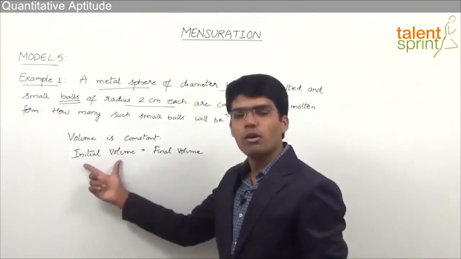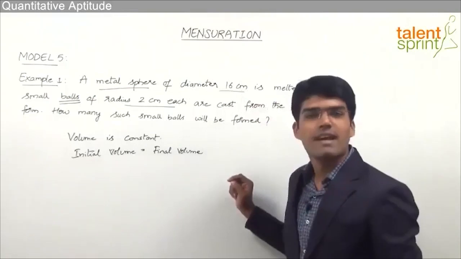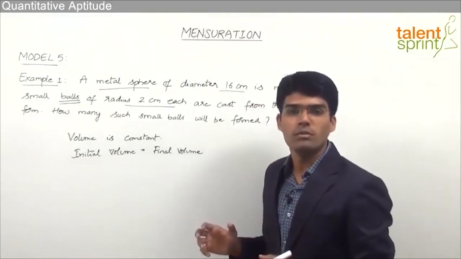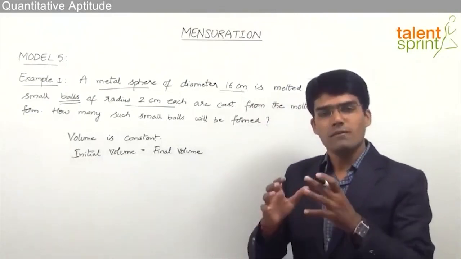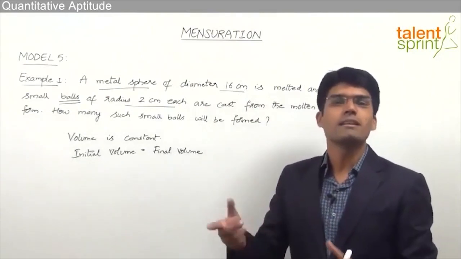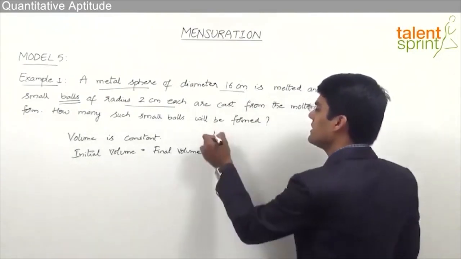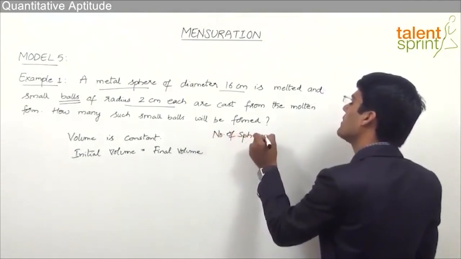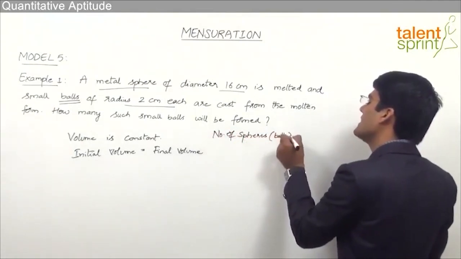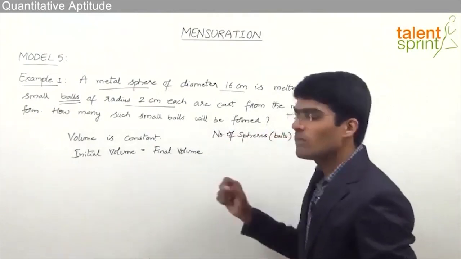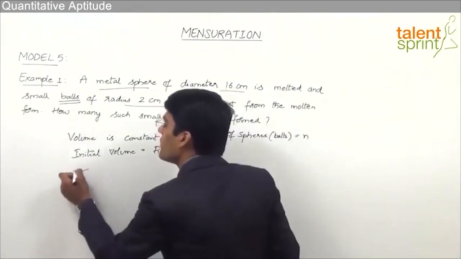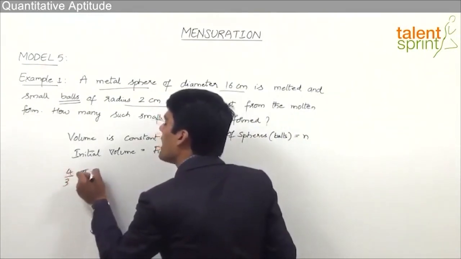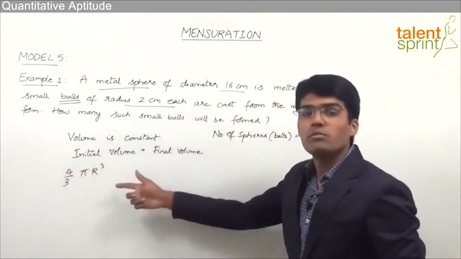So total initial volume will be nothing but the volume of this large sphere, and the total final volume will be equal to the volume of each of the small spheres multiplied by the number of spheres. Let us assume the number of spheres or balls formed is equal to n. So the total initial volume will be 4 by 3 pi R cube, that is nothing but the volume of a sphere.